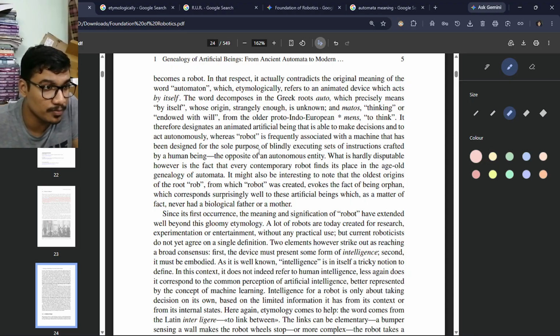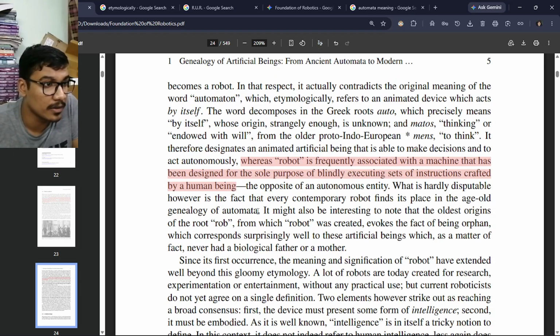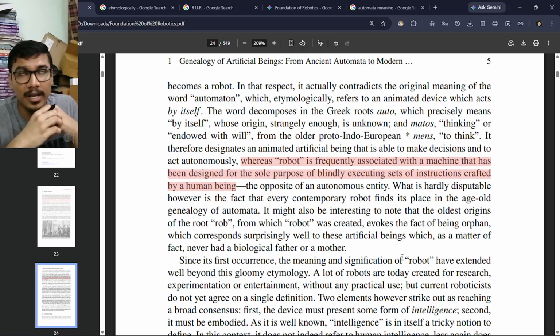Okay, so whereas, the opposite of autonomous entirely. So they're actually teaching us the definition of being autonomous and what being a robot means.